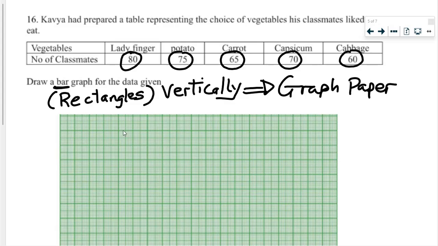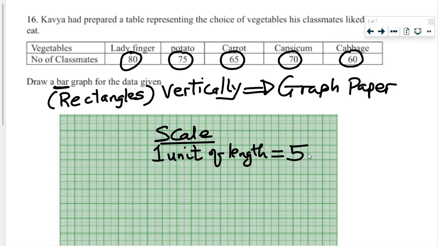So the scale, meaning the distance from one box to another going vertically, will be represented by 5 people. So you write here, one box, or some other people say 1 unit of length, equals 5 people.